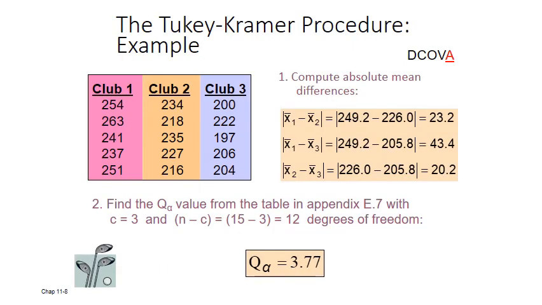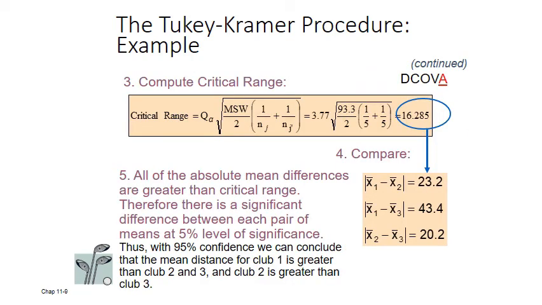So first we calculate Q alpha from the table. Find the Q alpha value from the table in E5 in your book. Then we calculate the absolute differences of all three pairs: x bar 1 minus x bar 2, x bar 1 minus x bar 3, x bar 2 minus x bar 3. We note down their differences and we calculate the critical range. We have already calculated Q alpha and MSW, we substitute the values here and we get the critical range.